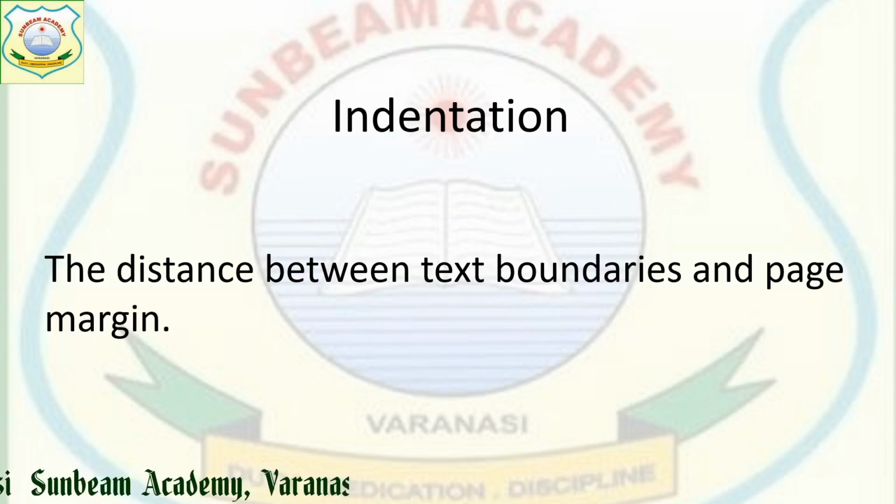That is your margin. Indentation is the distance between your text and the page boundary. Leaving your page margin, the portion where your text is going to be displayed is the work area. Between the work area and the text, the margin is known as indentation.